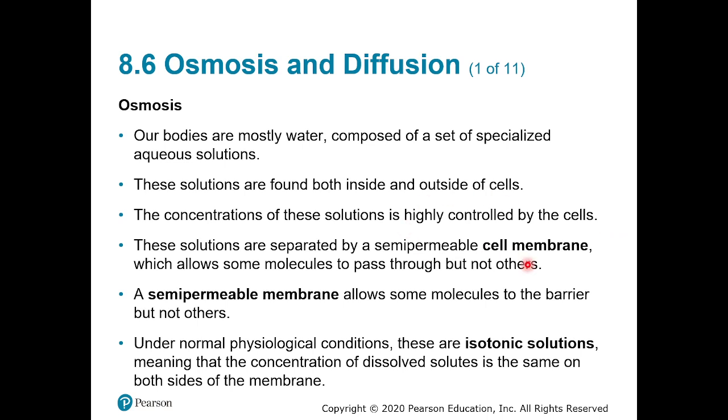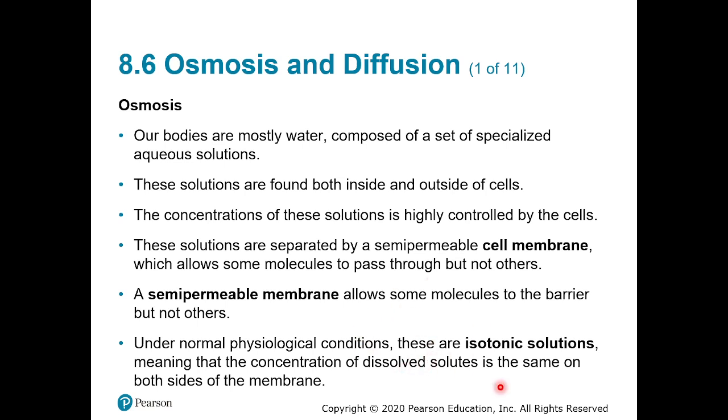So this again is going to allow some molecules to pass through, but some molecules cannot pass through. Typically, the molecules that can pass through are going to be small and neutral. Molecules that cannot pass through are going to be large or charged. Okay? So under normal physiological conditions, these are going to be isotonic solutions for most of your body.